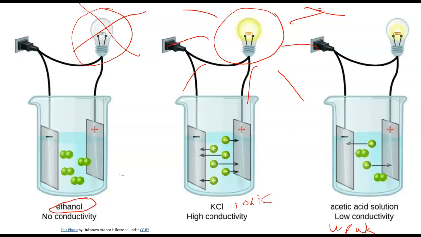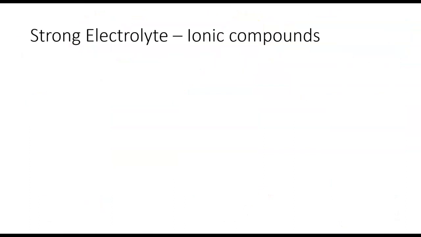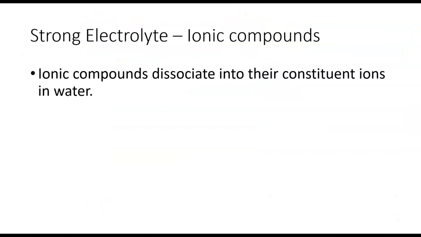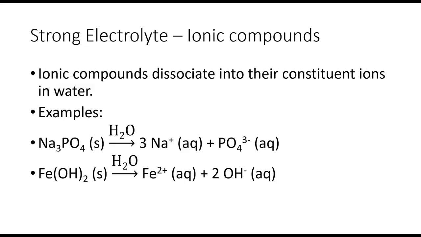So let's take a quick look at what's going on for each type of electrolyte. A strong electrolyte, an ionic compound, is going to break apart. Here are two different examples of ionic compounds. This is where identifying what the ions are and how they break apart was important from previous topics.